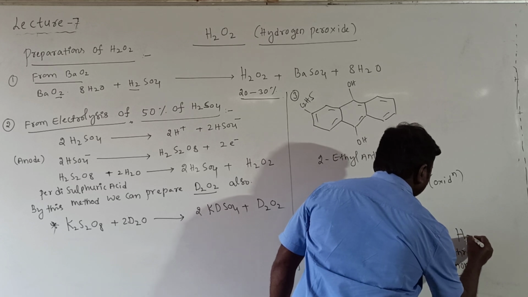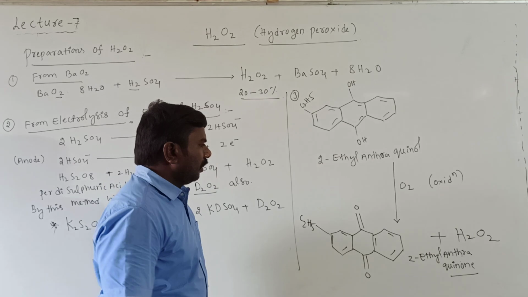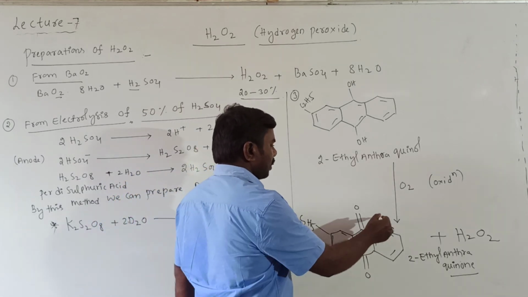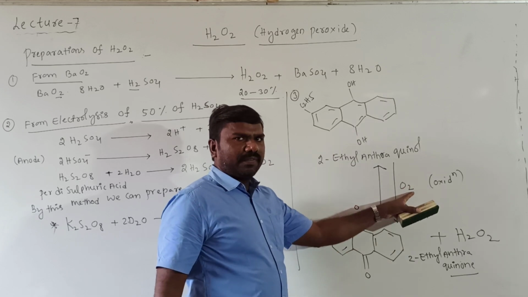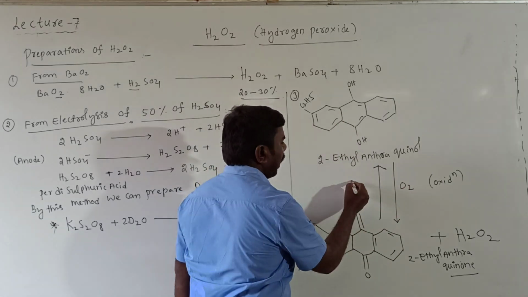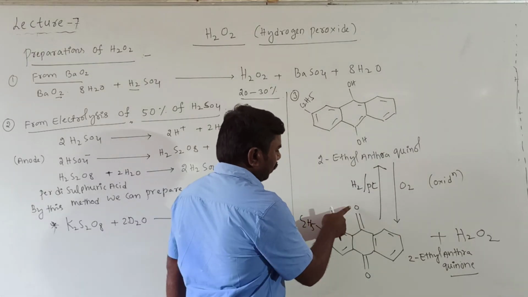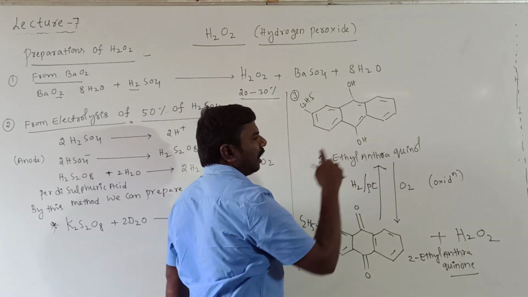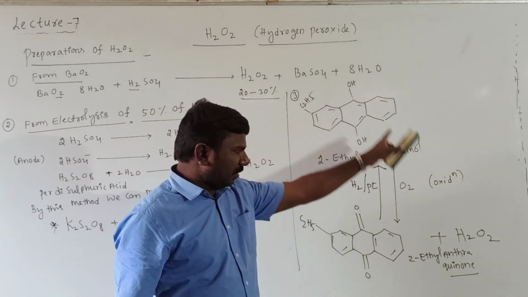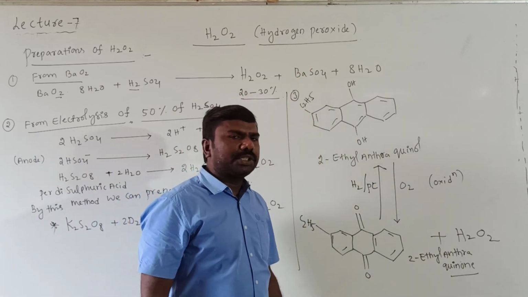So if you move in the reverse direction, it is oxidation, addition of oxygen. You have to add hydrogen in the presence of a catalyst. This one will be converted into OH, and again we will get this. It means the forward reaction is oxidation, the backward reaction is reduction.